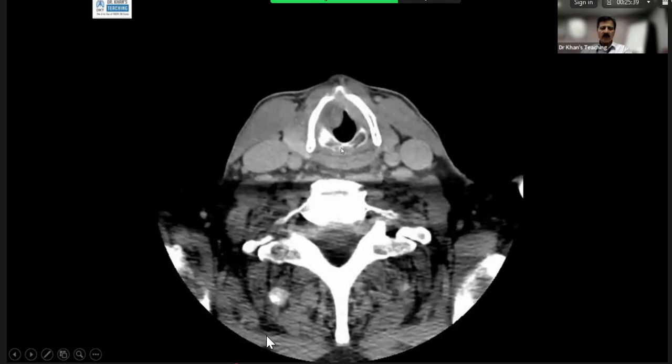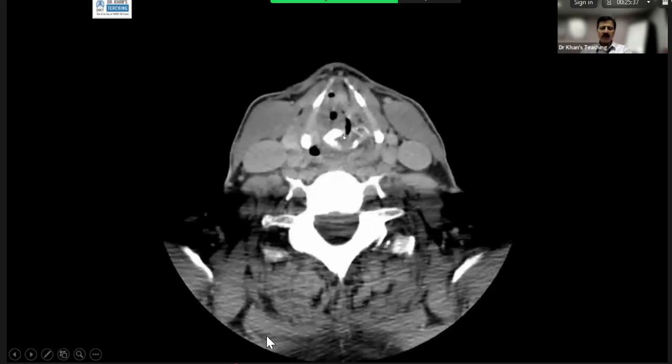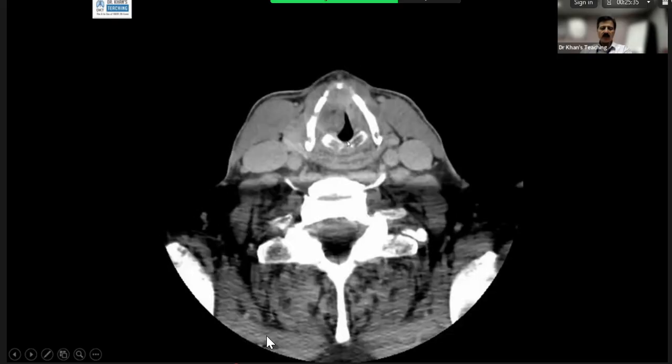Now, we are going more inferiorly. So this is the true cord level. If you see here, where are we level-wise? This is the cricoid now, and anteriorly we can see the thyroid. Posteriorly is the arytenoid.